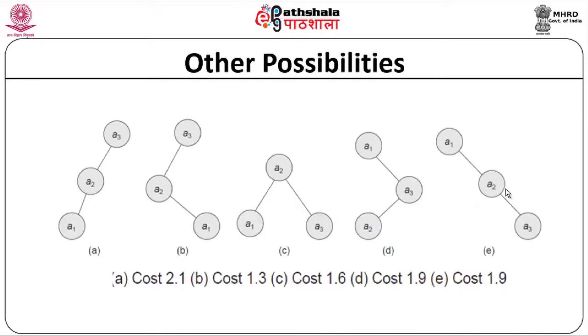There are other possibilities of constructing the BST without violating the norms as we defined earlier. The same 3 nodes can have different arrangements. These are some of the different possibilities where the conditions are not violated.